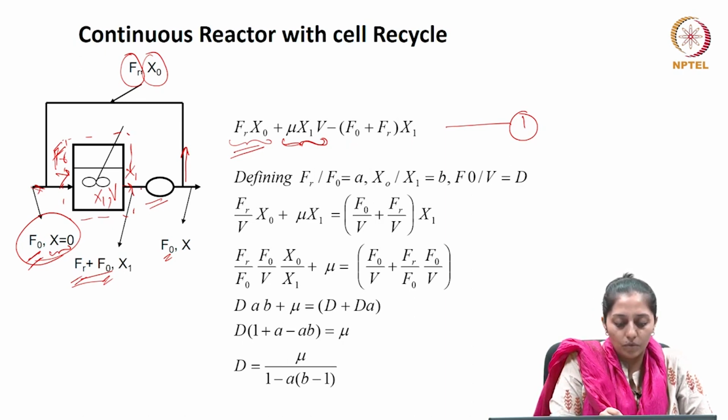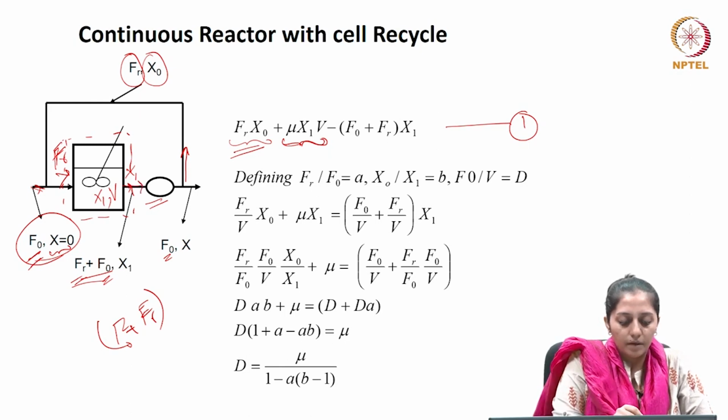So, x1 comes out of the reactor, it is the outlet. F0 plus Fr should be the flow rate outside the reactor if the volume of this CSTR is constant.